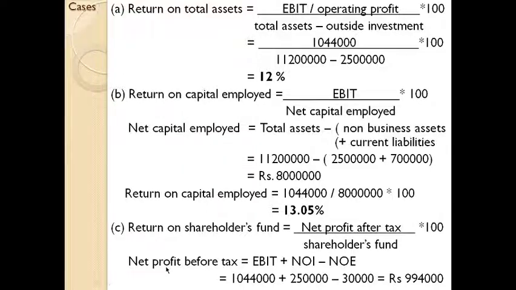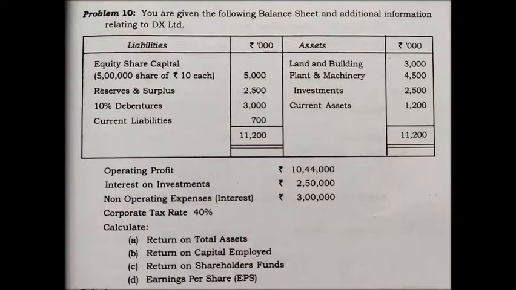Quite easy. So now you have got net profit before tax as 9,94,000, and you need to deduct the tax. Usually in the question the amount of tax may be given, or sometimes it will be the rate. Here in this question the corporate tax rate is 40%. Usually tax is paid on income earned.